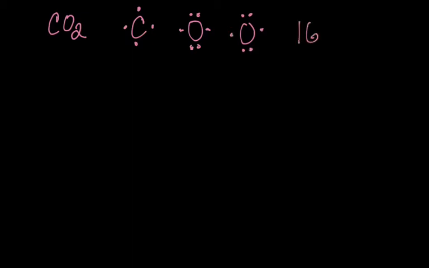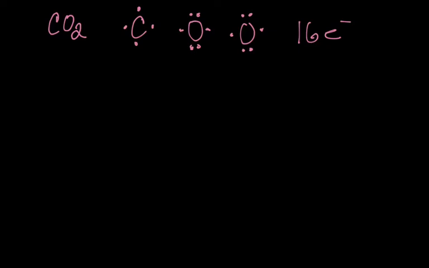Okay, so let's try first the molecule carbon dioxide. Carbon atoms have 4 valence electrons, and oxygen atoms have 6 valence electrons, giving us a total of 16 valence electrons.